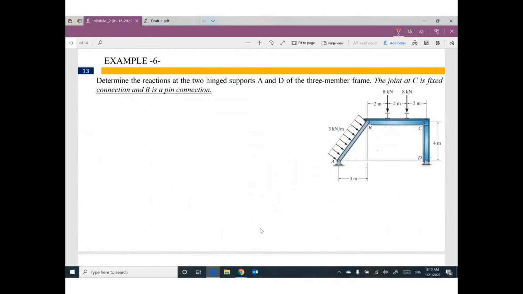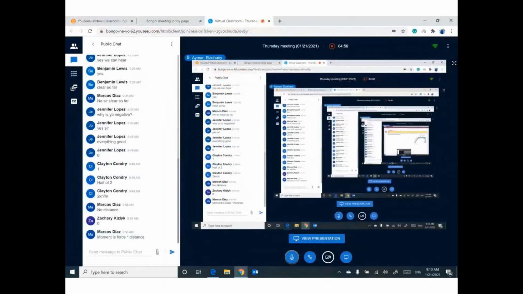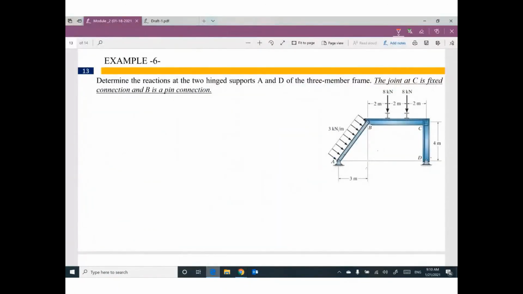One more example. Any question? One more example. Example number 6. We need to determine the reactions. A is hinge. D is hinge.